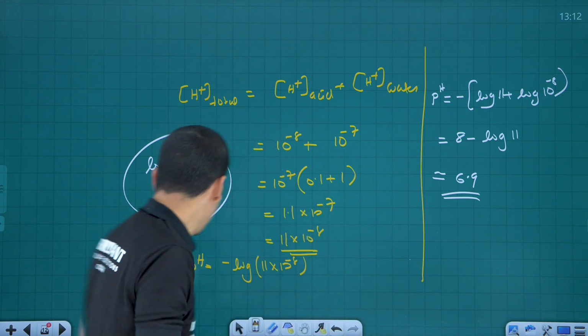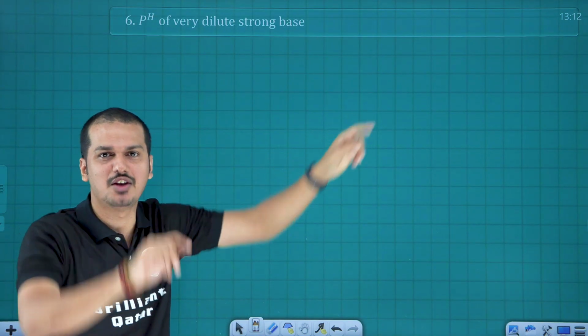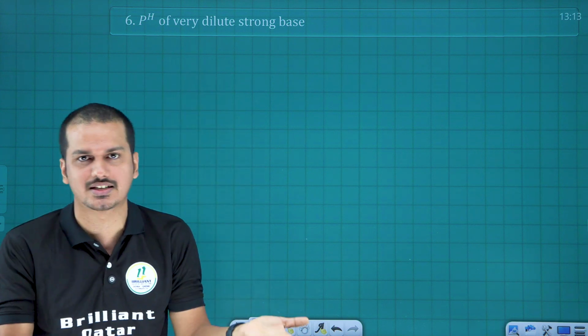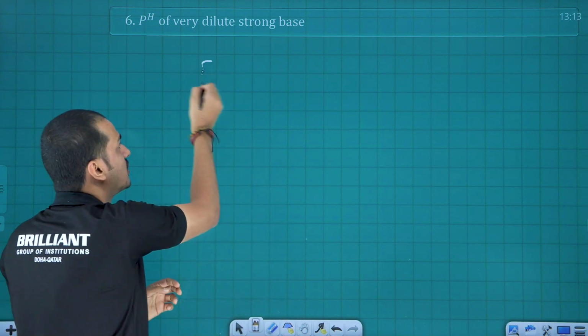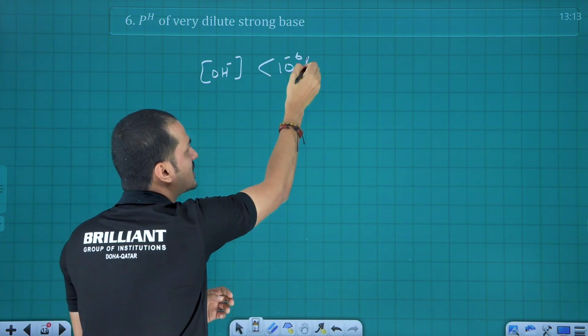The same way, for the pH of a very dilute strong base, the pH will be just above 7. Here also you have to remember that the concentration of OH minus from the base is less than 10 raised to minus 6 molar.